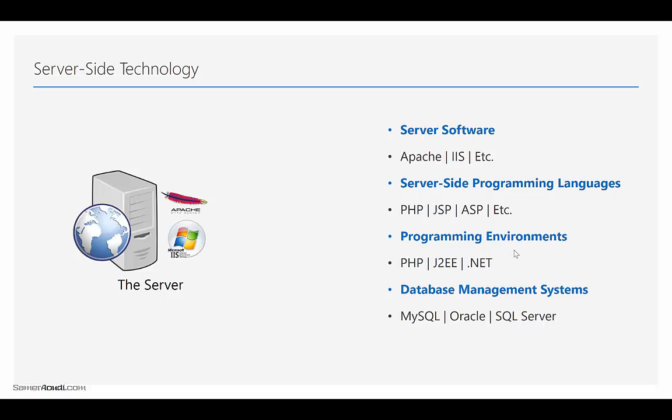So let's say something is written in a server-side programming language like PHP. I will not be able to see the PHP code. I'll be able to see its output.